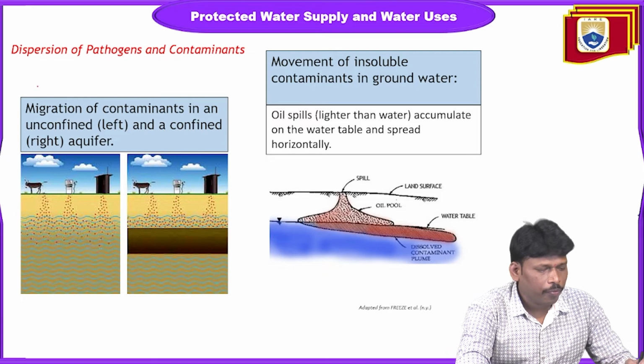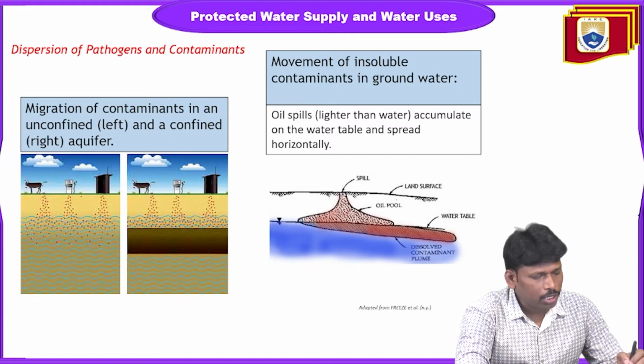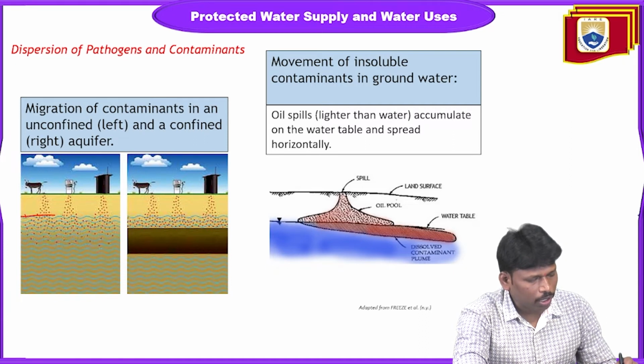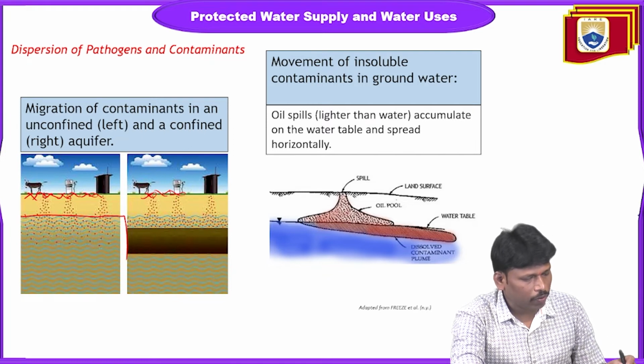And now we can see dispersion of the pathogens as well as contamination, and the migration of contaminants in any unconfined and confined aquifer. You can observe very clearly how this, for example, is entirely a water body below the ground surface, and how this is entering into the unconfined aquifer as well as the confined aquifer.